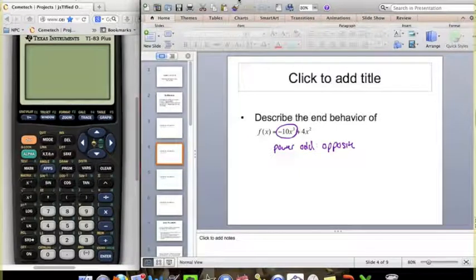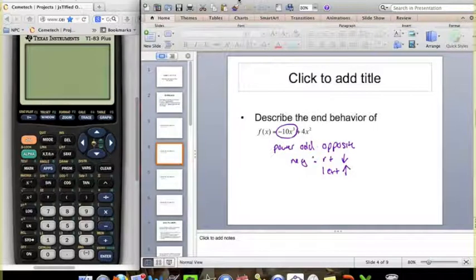Then the number in front of it is negative, which means that the right-hand side is going to go down. And if the right-hand side is going down and they're going in opposite directions, then that means the left-hand side is going to go up.